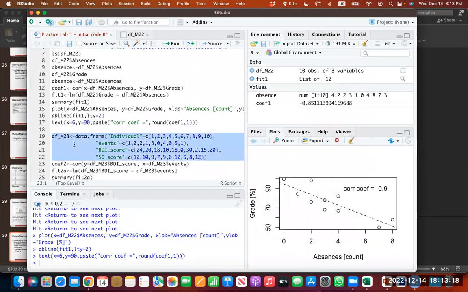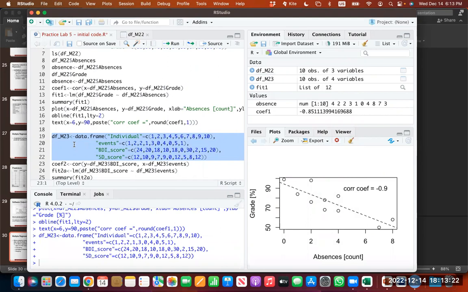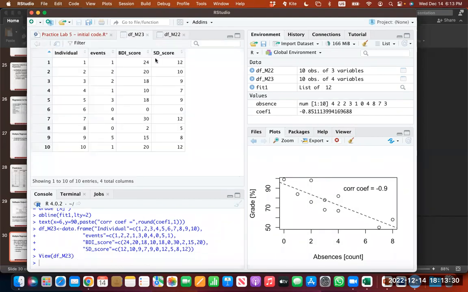Okay, so now we don't have much time left, but we go right away to the next example. We only have 2 minutes left. So we go to line 19, 22. Now we get an additional data set, which is the data of individuals' stress for life events, Beck Depression Inventory score, and sleep disturbance score. The same analysis we just did in Excel.